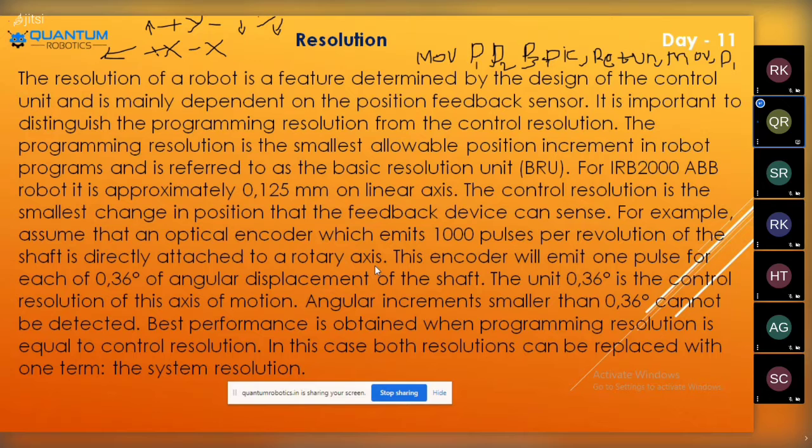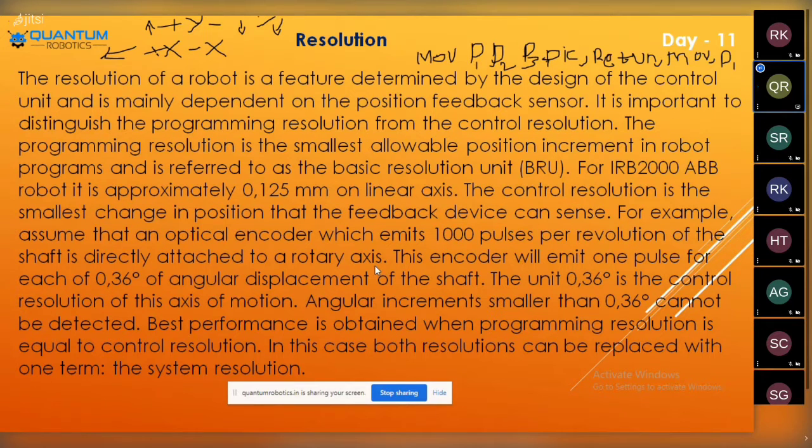Now you can see that here we are giving not only the pulse rate, not only in the rotatory axis and the linear axis, but it is also going to give the angular displacement of the shaft. The angular displacement of a shaft means whatever the rotating motion of the robot servo, or else the motor, will be.